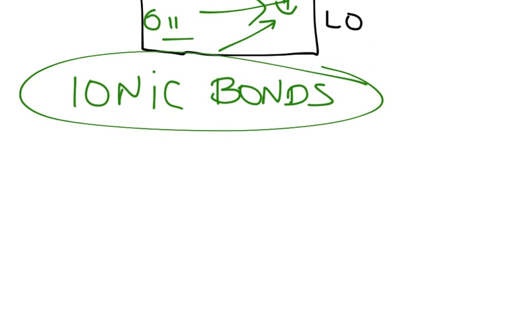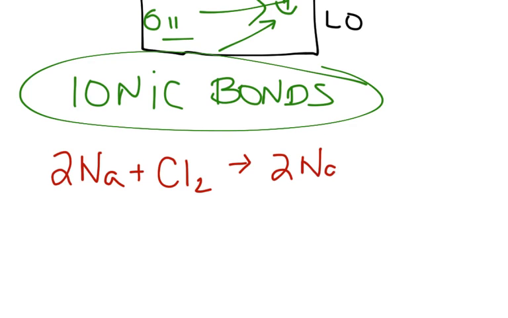So given that 2 seconds of background information, if you think about the combination of sodium, which is a metal over on the left side of the periodic table, and chlorine, which is a nonmetal over on the right, you know that they combine to make salt, sodium chloride. But what's really happening is sodium is taking its electron off and giving it to chlorine.